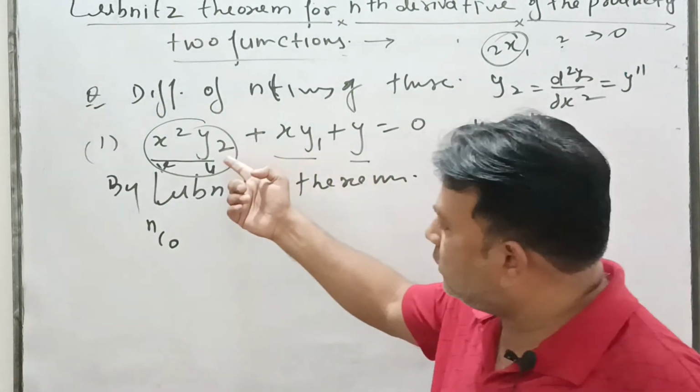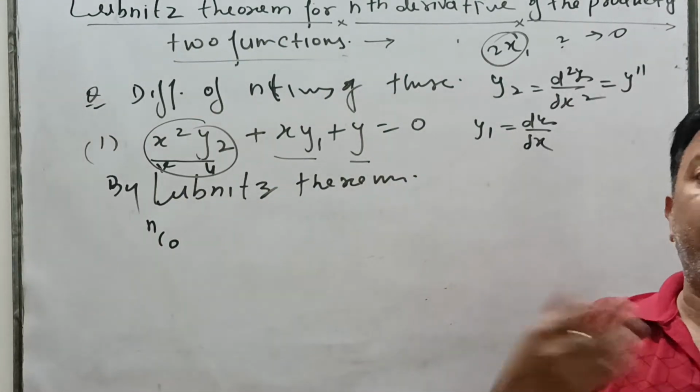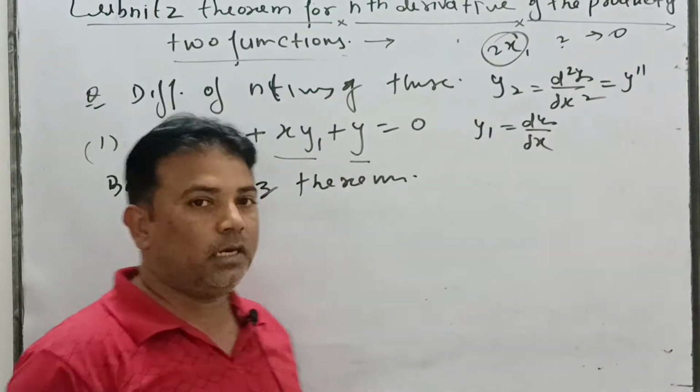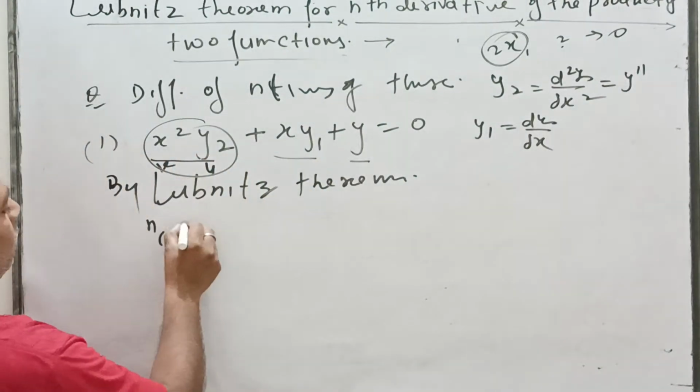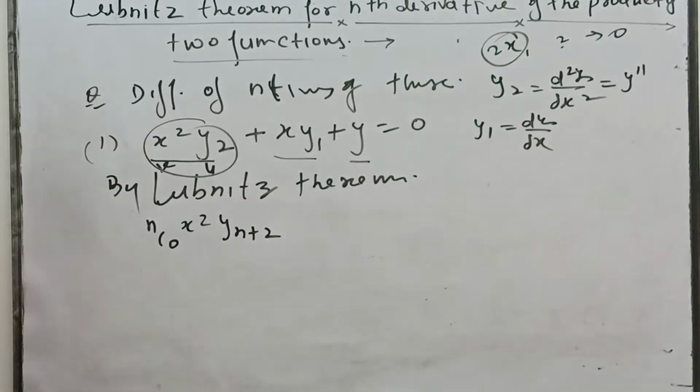Similar process: this is 2 times already differentiated. You differentiate this function n times, so the differentiation is n plus 2 times. Understand? So nC0 x square y n plus 2, written in this form.